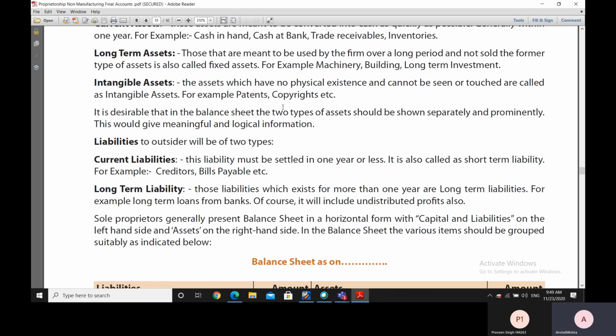And similarly, in respect of the liabilities also, those liabilities which are to be settled within a year or less should be included among the current liabilities, and the others which are likely to take more time to settle would be included in the long-term liability. So these are the broad categorizations that are being made in the balance sheet.